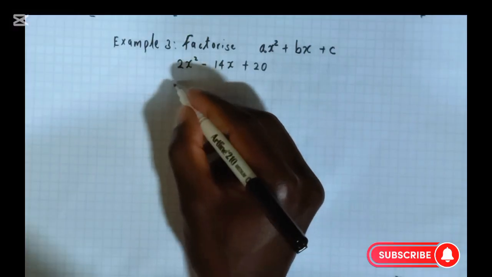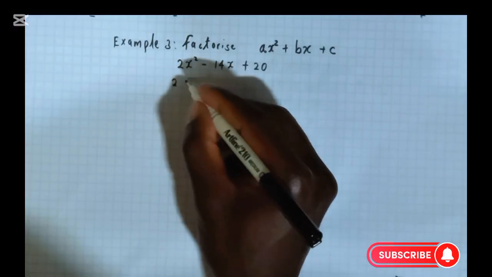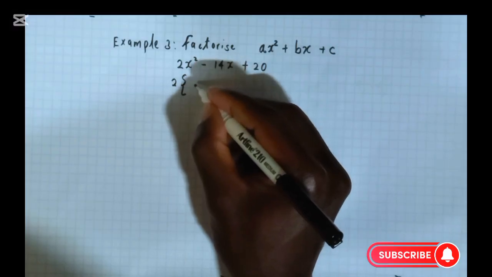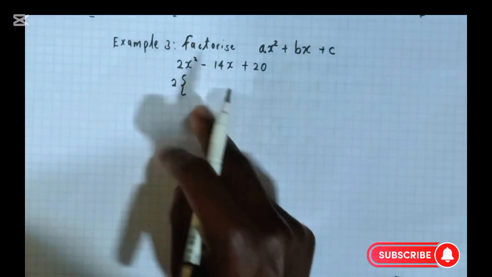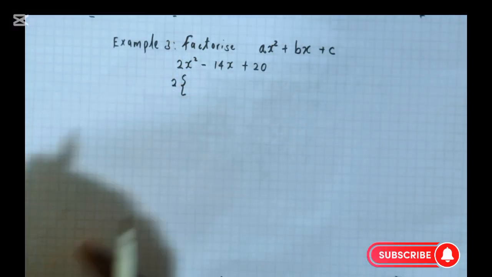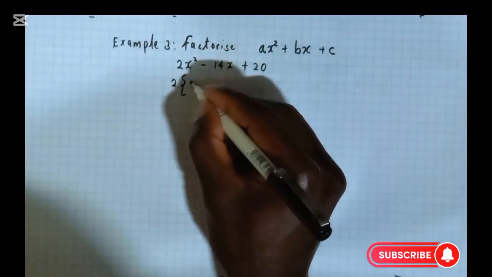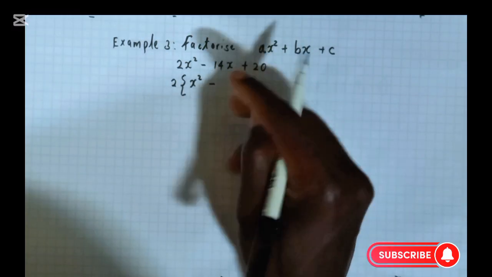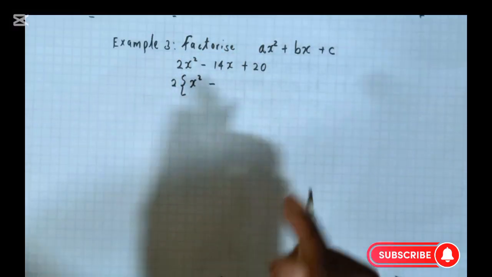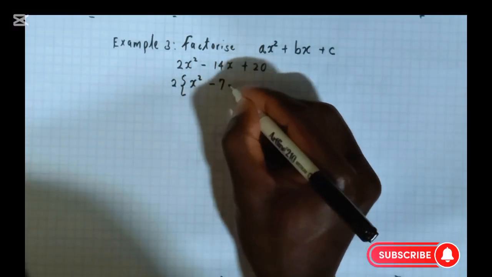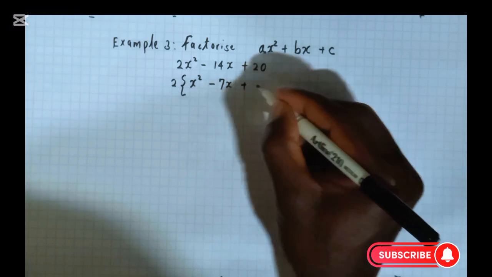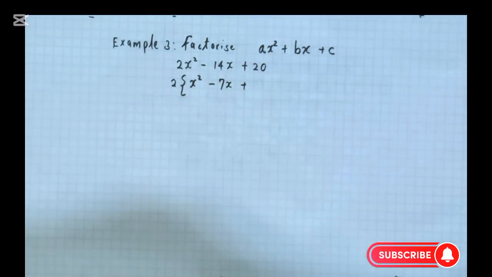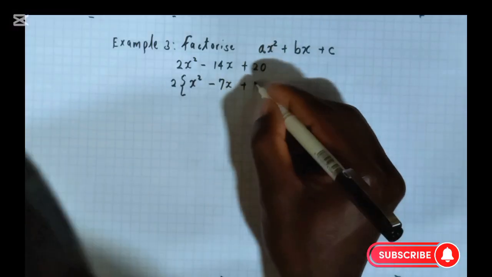So we are going to pull the 2 out. We're going to have 2 times: 2x squared divided by 2 gives x squared, minus 14x divided by 2 gives negative 7x, plus 20 divided by 2 gives 10.